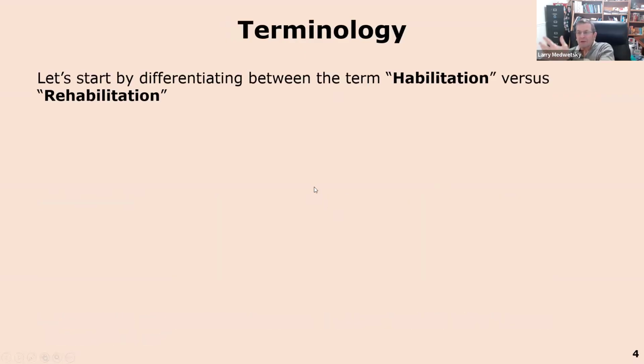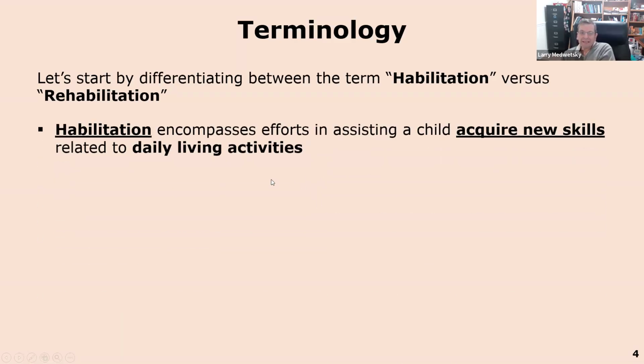So even before we talk about rehabilitation, I think we need to differentiate between habilitation versus rehabilitation so that you can better understand what rehabilitation is. It's good to contrast it. So habilitation refers to effort when we're trying to help a child acquire new skills that are related to daily living activities.